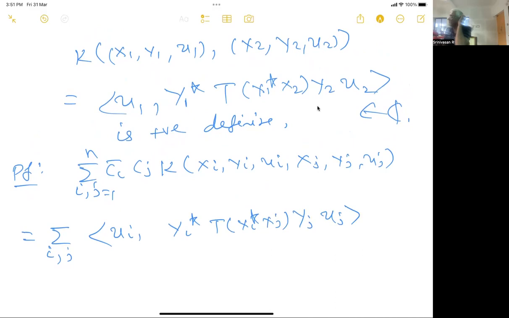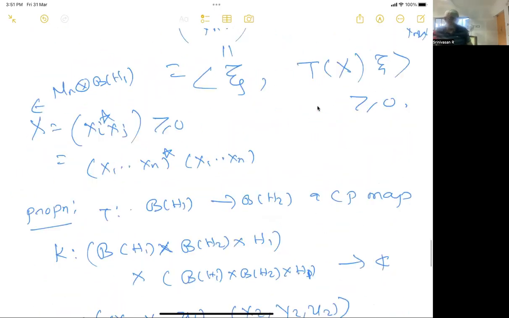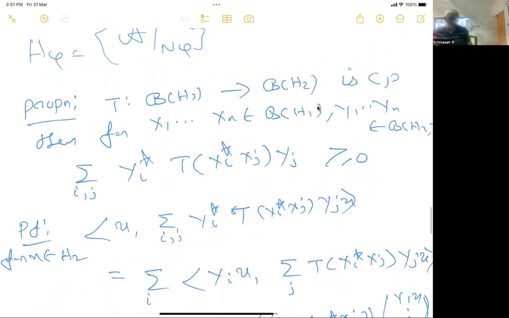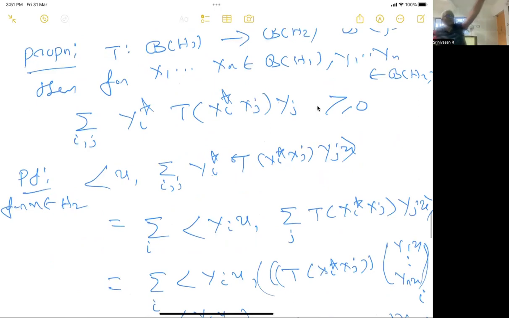That's what we get. We want to show this is positive. We know when those two things are equal, this is positive. Right? We have calculated this. Yeah. We have calculated this is positive, where those two things are equal and summation over i, j.